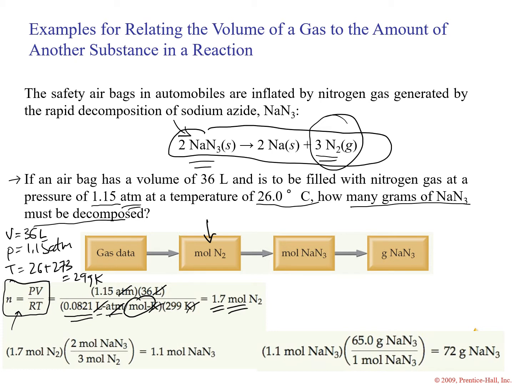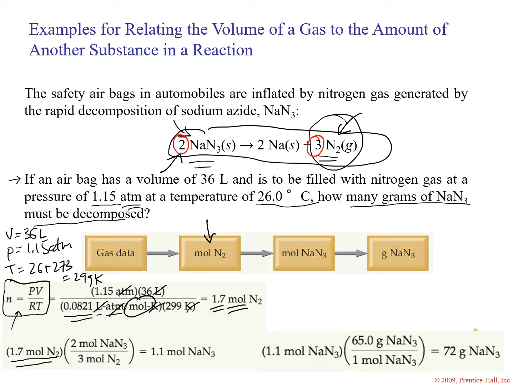So we're starting with the number of moles, which we just determined from the gas data. We use the stoichiometry of the reaction to convert the information of the nitrogen, which is given, to the information of the reactant. Notice that the coefficients, which are of course important to determine this, are 3 and 2.